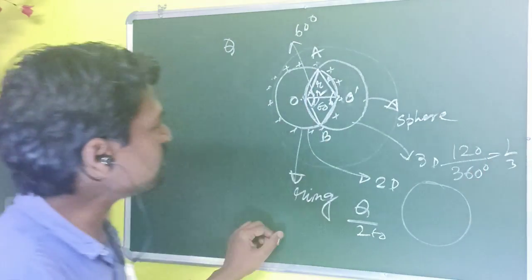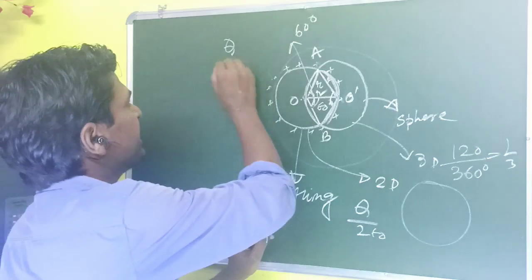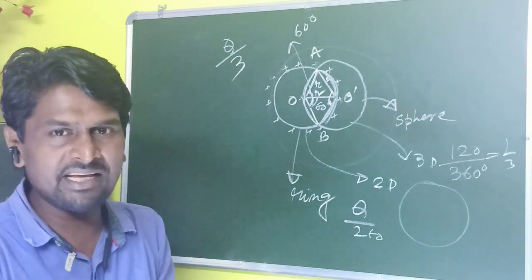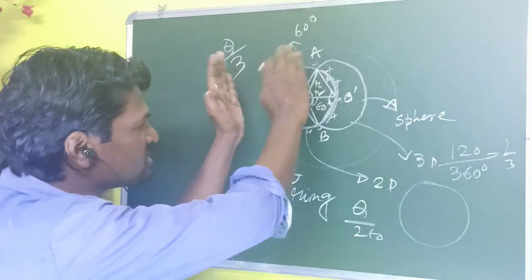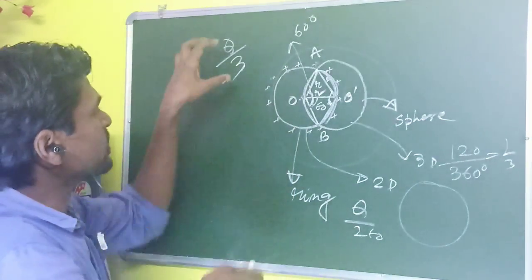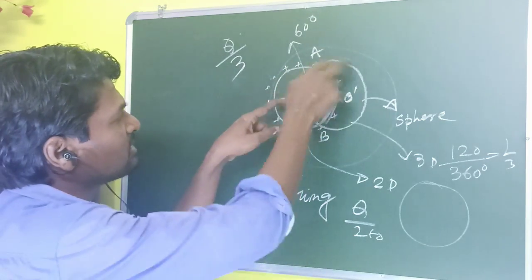So 1/3 of the ring, that is 1/3 of the charge, because charge is distributed within that particular ring. So q by 3 amount of charge is within this sphere.